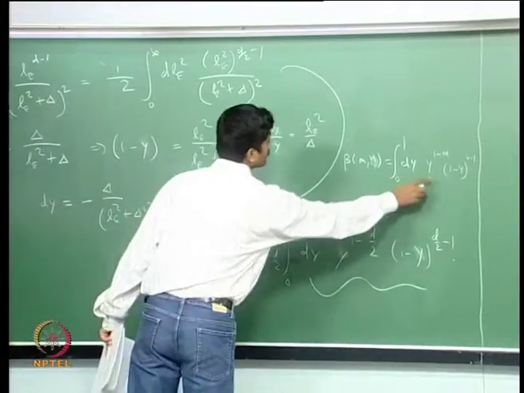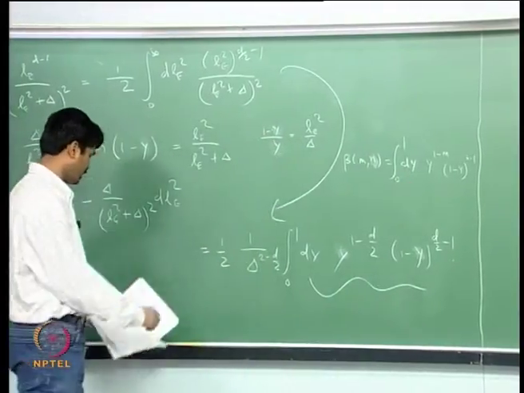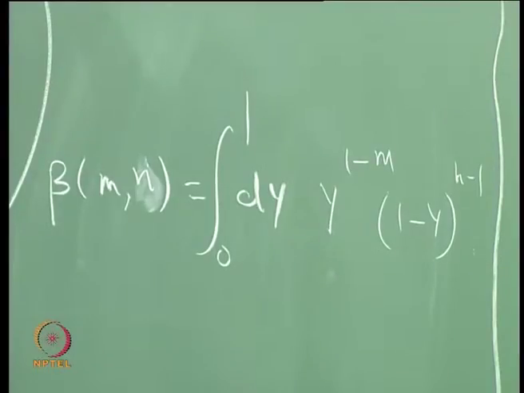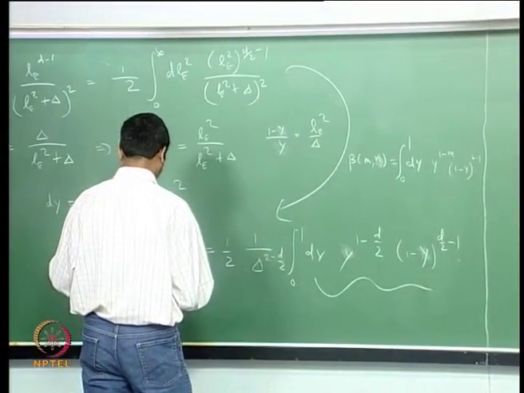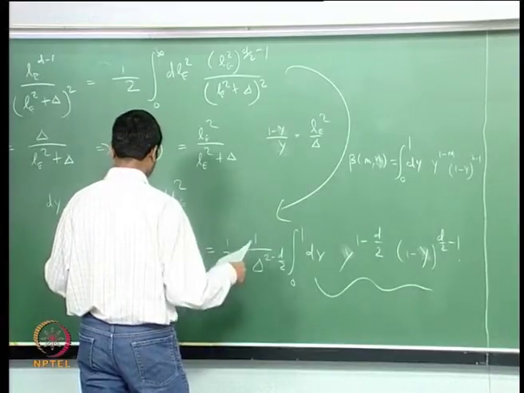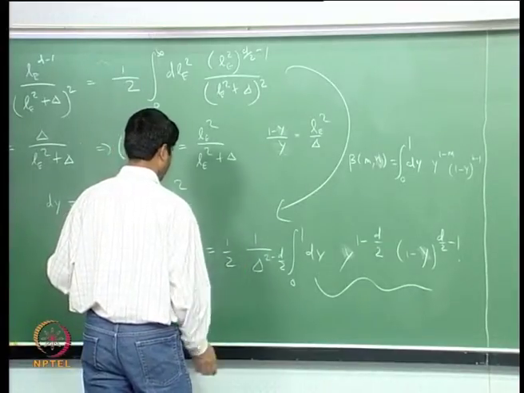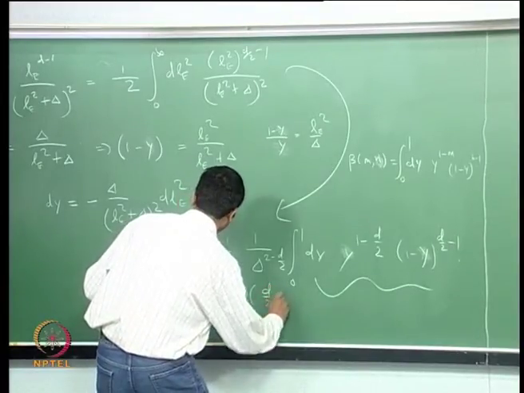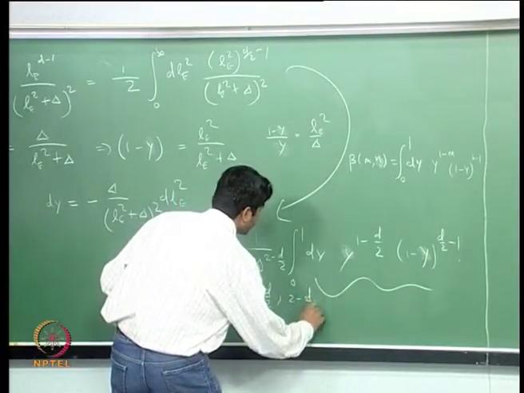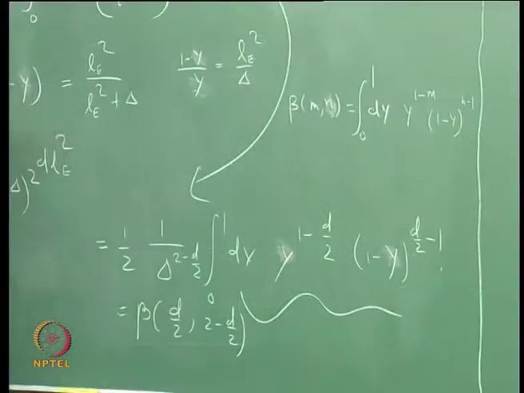So, when you use the definition of beta mn, what you get here is beta of d by 2, 2 minus d by 2. Okay.